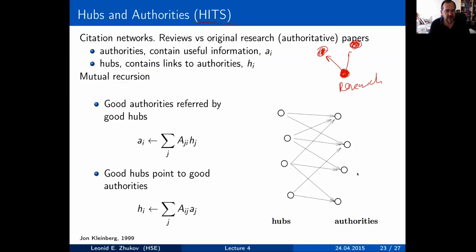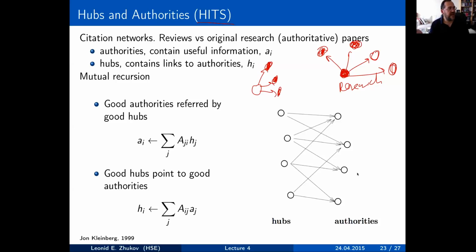In every research community, once in a while, somebody writes a review of the state of the research. So quite often, when you write your research paper, you do cite review papers, sort of large reviews. At the same time, if somebody writes a review, he always cites original research.